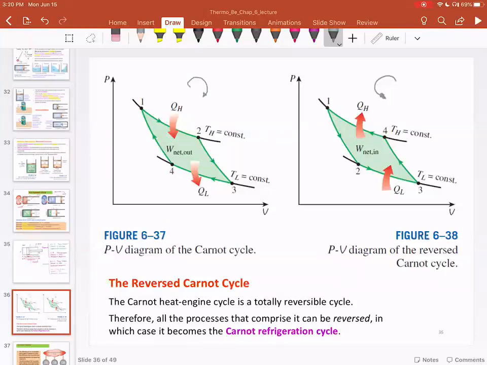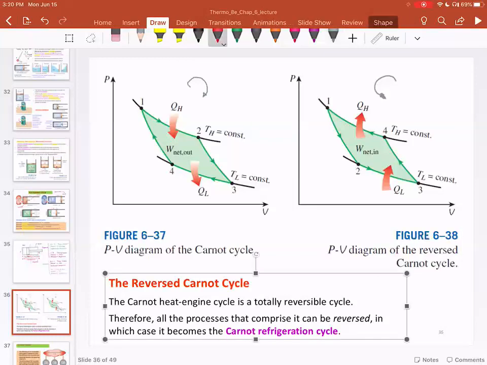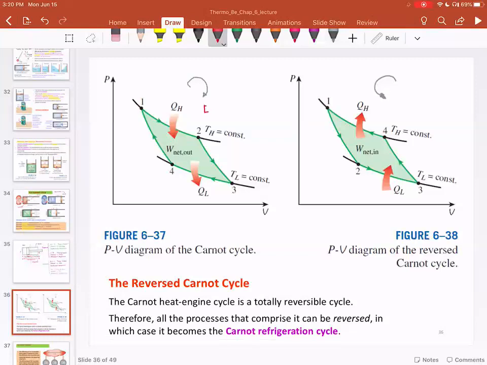So this is the cycle for the engine, the Carnot engine, and this cycle is for the Carnot refrigerator or heat pump.